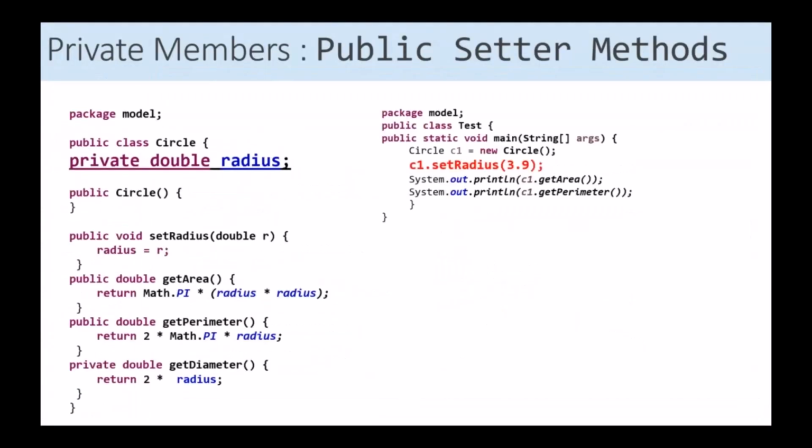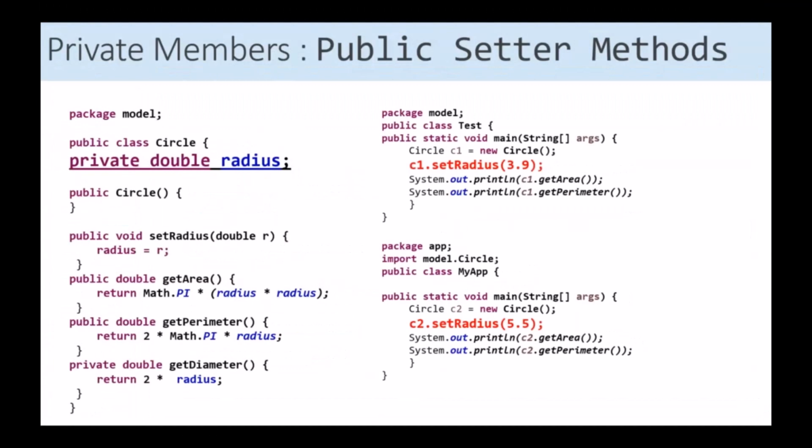Now let us see why we would do this public-private thing. Type: GPA for student must be between 0 and 4. Any other value is invalid.